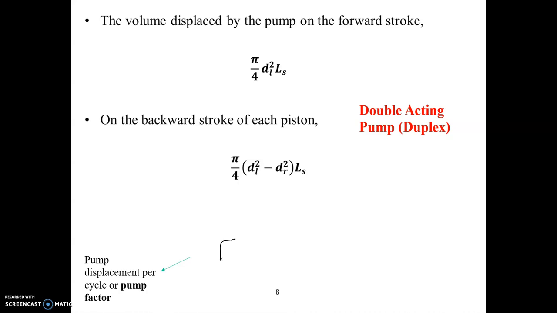We show the pump factor with FP, which is the summation of these two multiplied by 2. If you simplify, you get pi over 4 multiplied by 2, because you have two cylinders, multiplied by the length, times 2 dl squared minus dr squared.